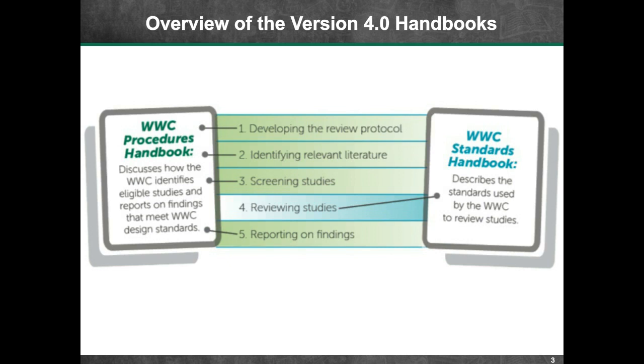The WWC Standards Handbook contains detailed information on the standards we use to assess study quality. These two documents, which we've called version 4, replace the single version 3 document. They are now split to allow for ease of future updating of the procedures and standards separately as necessary. Released in October, the version 4 handbooks reflect the most up-to-date procedures and standards used by the WWC.